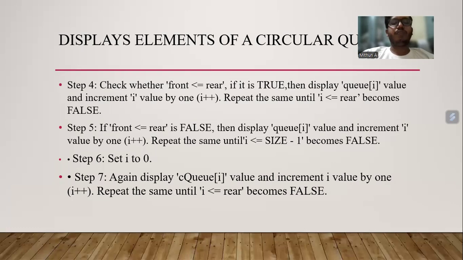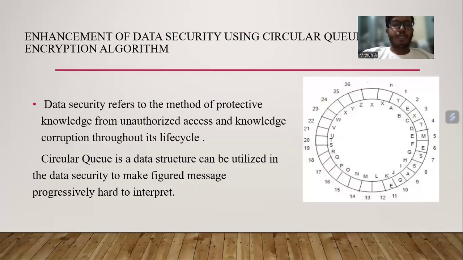Again, displaying q of I and incrementing I by 1 take place and repeat the same until I is lesser or equal to rear becomes false. This is how we can display the circular queue.